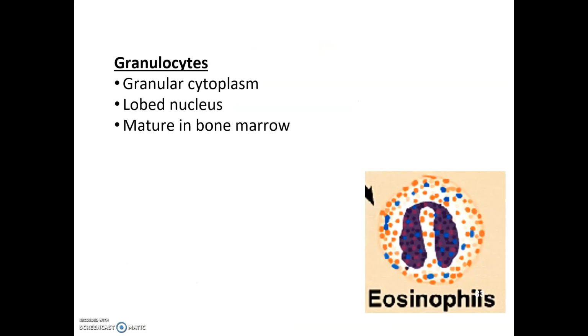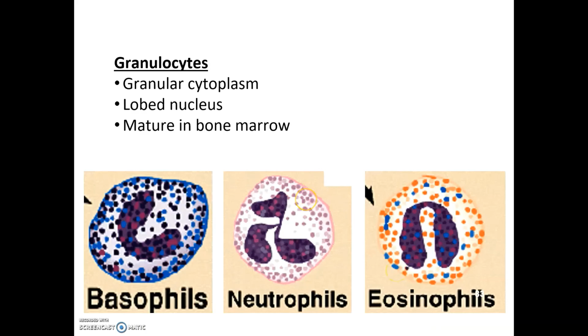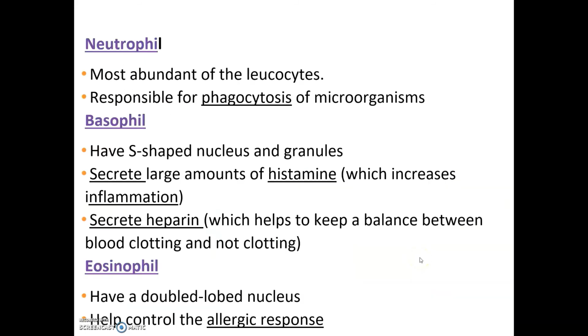For granulocytes, the cytoplasm has granules and the nucleus has lobes. They mature in the bone marrow. We have three types of granulocyte: basophil, neutrophil, and eosinophil. Neutrophil is the most abundant of the white blood cells. It's responsible for phagocytosis of microorganisms.